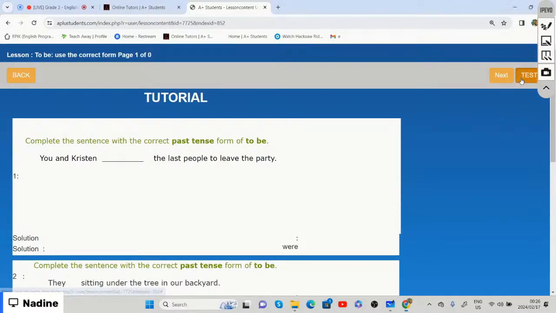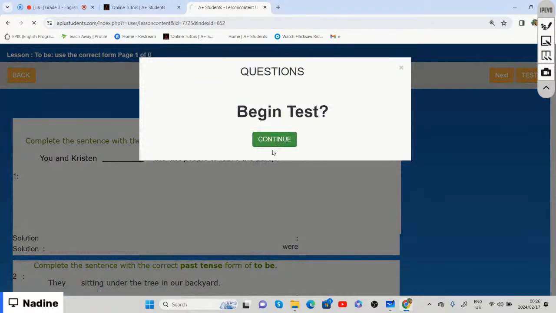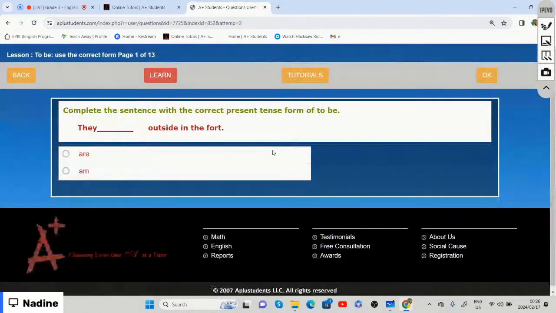All right, let's go to our test. So we're going to go to our test and we're going to complete the sentence with the correct present tense form of the word to be, right?